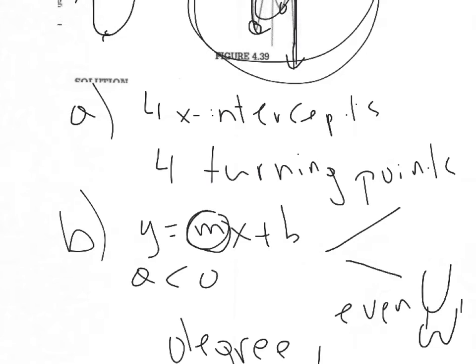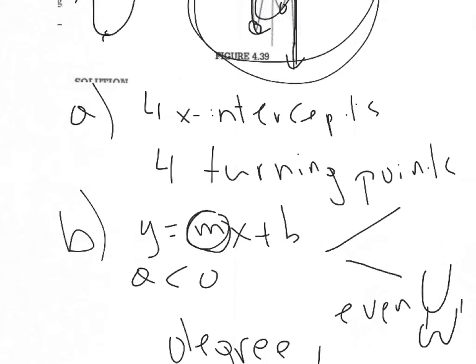And last part to this question, determine the minimum possible degree of f. If you look at the definition from the previous page, it says that you can have at most n x-intercepts. Since I have 4 turning points, the degree has to be at least 5, because it's always one more.